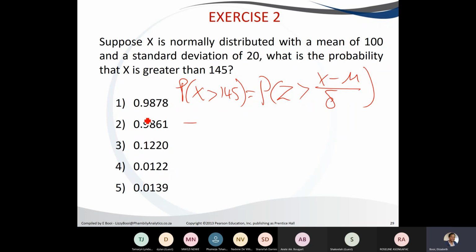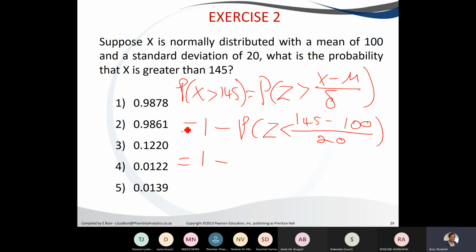But we know that we have to find 1 minus the probability that Z is less than 145 minus our mean of 100 divided by our standard deviation of 20, which is 1 minus the probability that Z is less than 2.25.